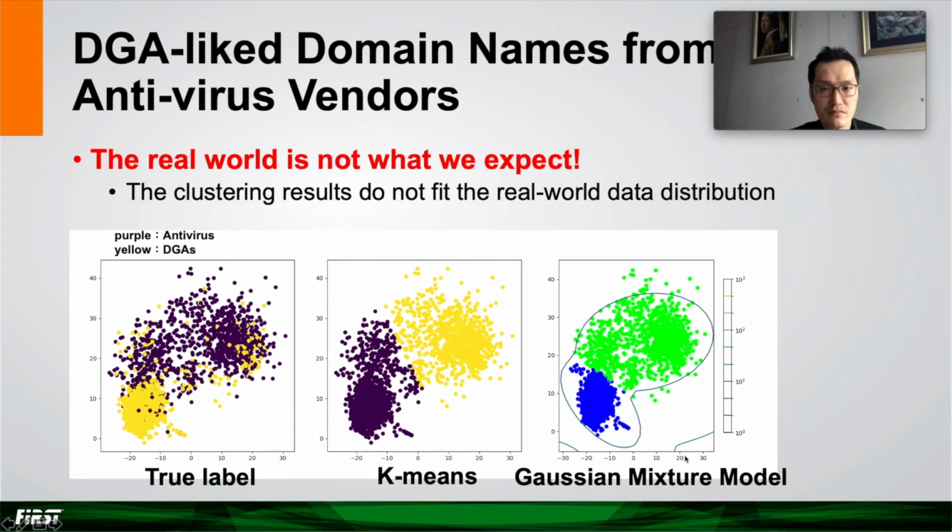As a result, in the following three pictures, the middle and the right figures use K-means and the Gaussian mixture model for clustering respectively. However, the actual data distribution is like the far left, so it causes difficulties in data grouping.